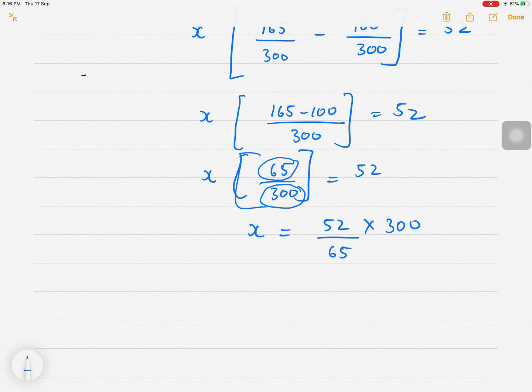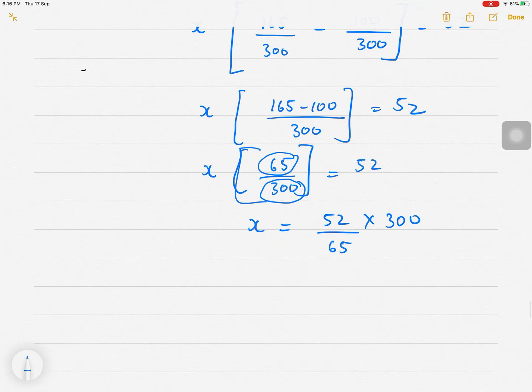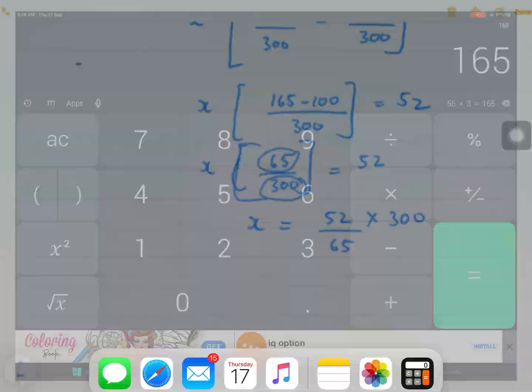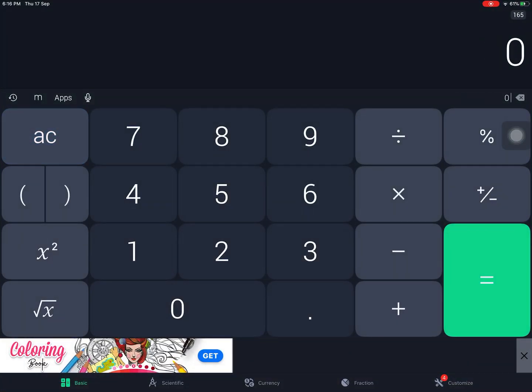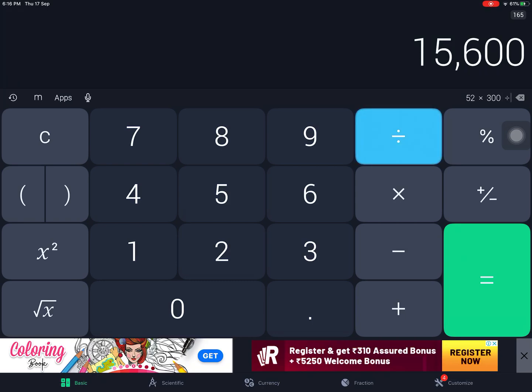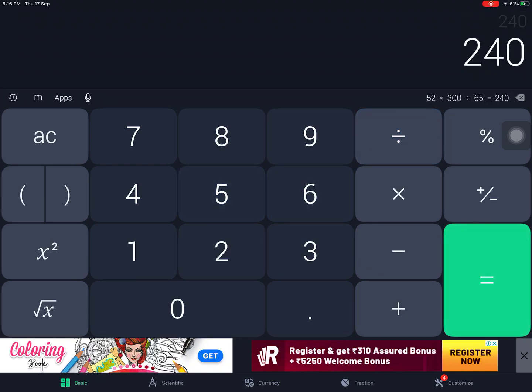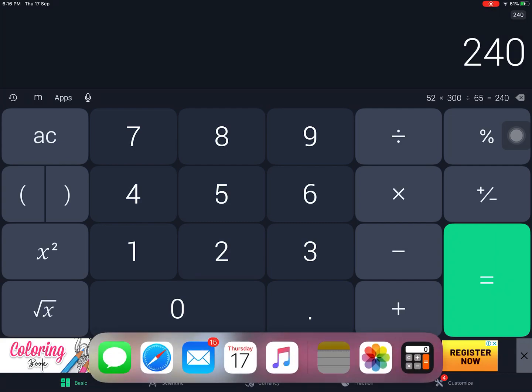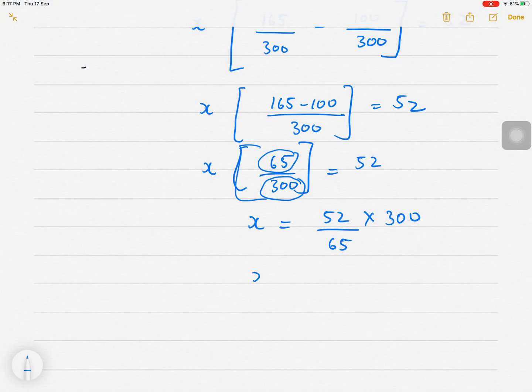So x is equal to 52 into 300 divided by 65. It comes to 240. That means x is equal to 240.